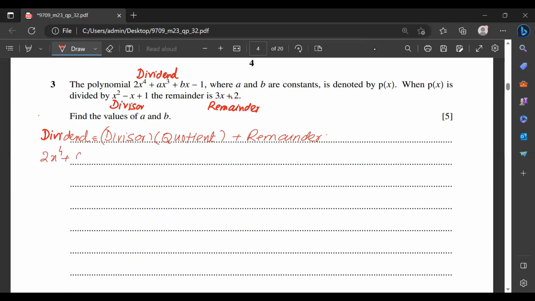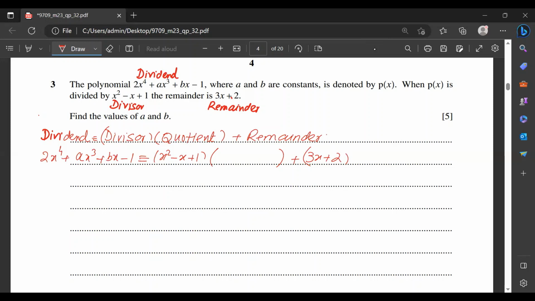So 2x^4 + ax^3 + bx - 1 equals the divisor x^2 - x + 1 times the quotient, and the remainder 3x + 2.